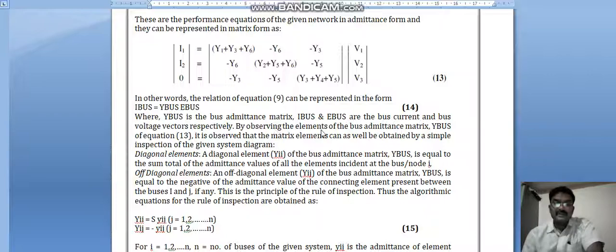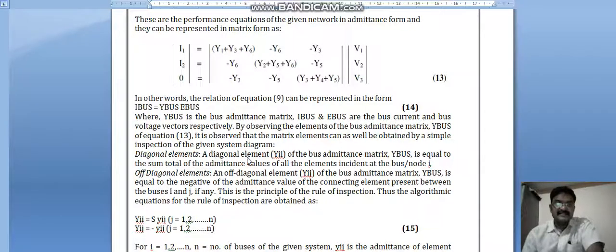By observing the elements of the bus admittance matrix Y bus of equation 13, it is observed that the matrix elements can be obtained by a simple inspection of the given system diagram.